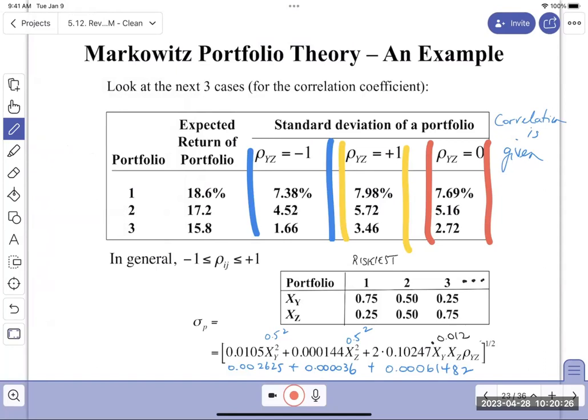One more time. So 2 times 0.10247 times 0.012 times 0.5 squared times negative 1, negative of this. That's the whole point.